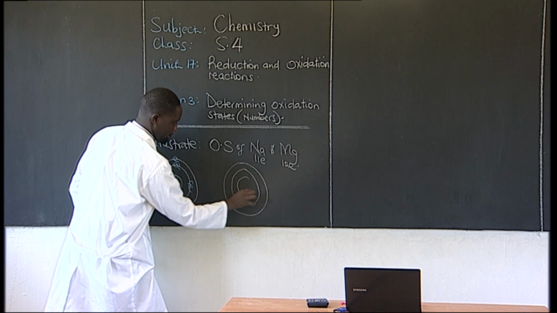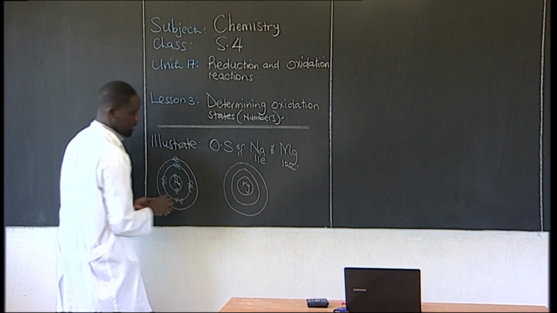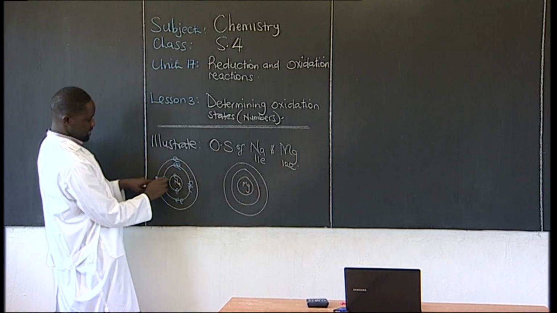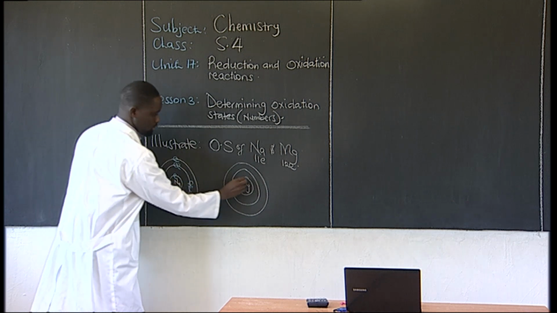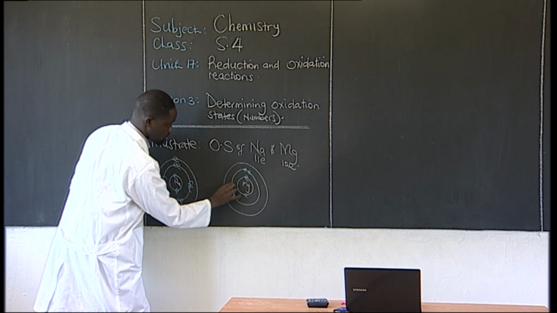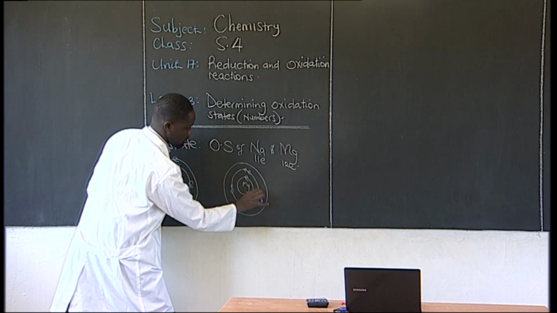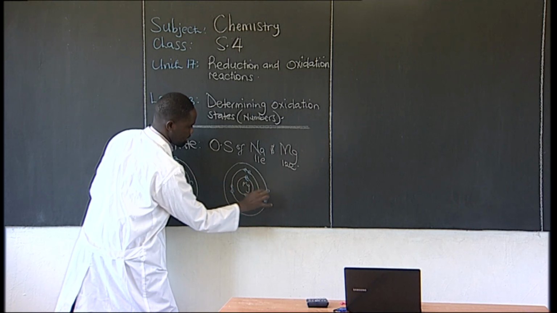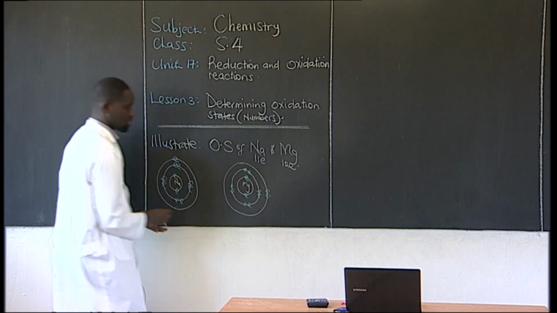Remember, these are the energy levels: 2 electrons, 8 electrons, and 2 electrons in the outermost shell.